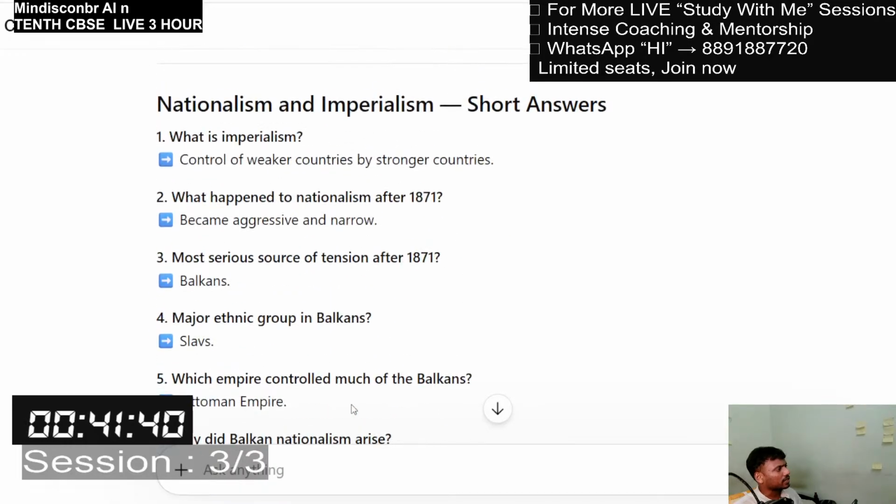What is imperialism? Control of weaker countries by stronger countries. What happened to nationalism after 1871? It became aggressive and narrow.